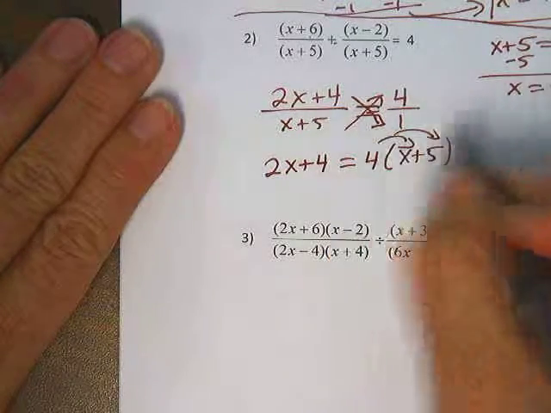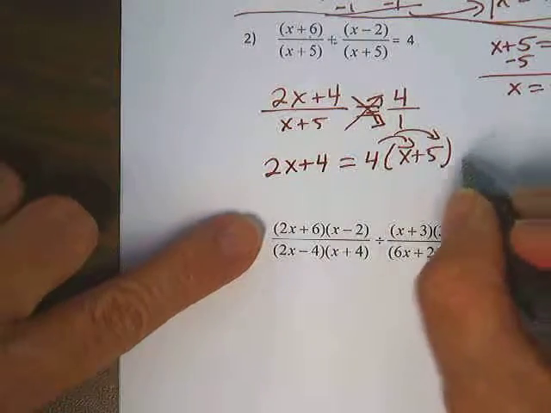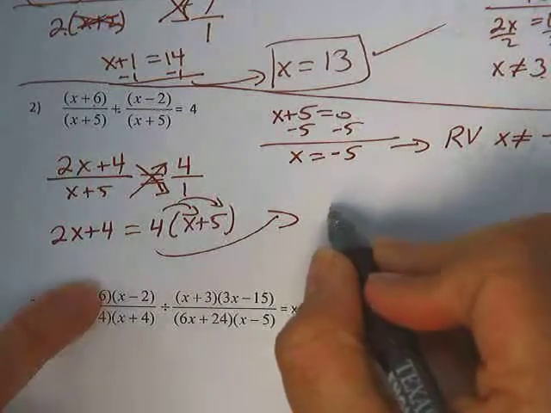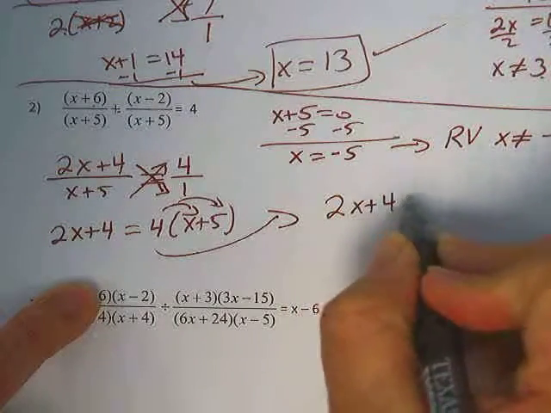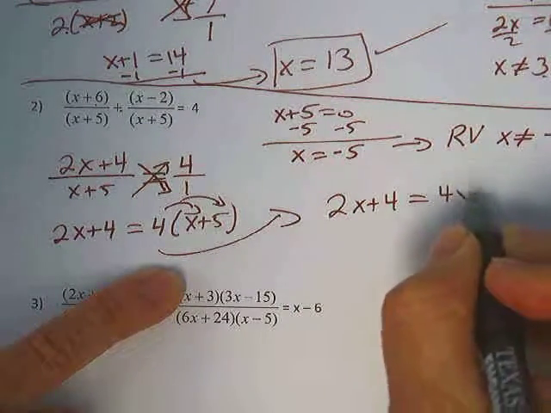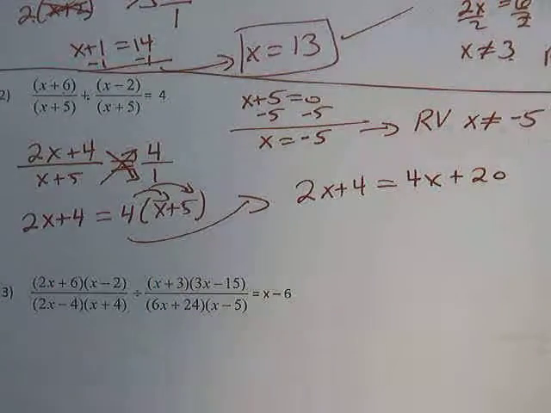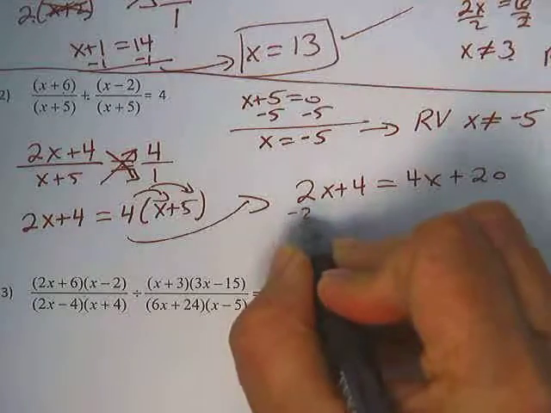So we need to distribute here. And I'm going to have to write it over here because I'm running out of room. So we have 2x plus 4 is equal to 4x plus 4 times 5 is 20. And now we need to solve. So let's get the x's together.